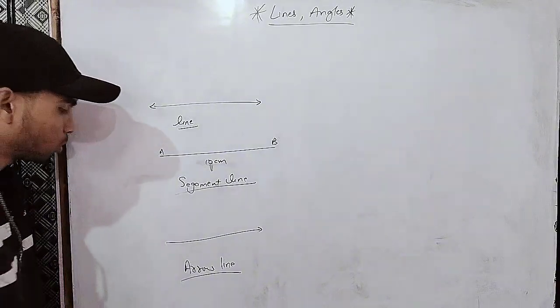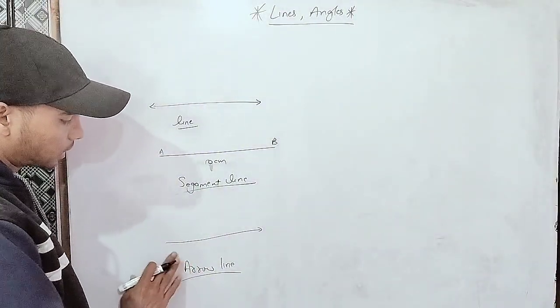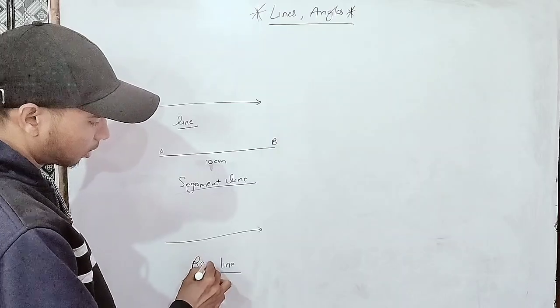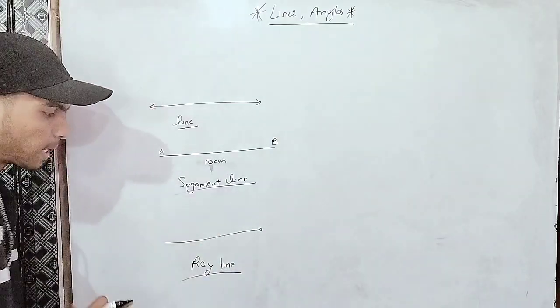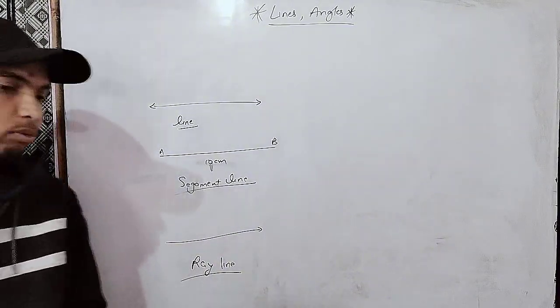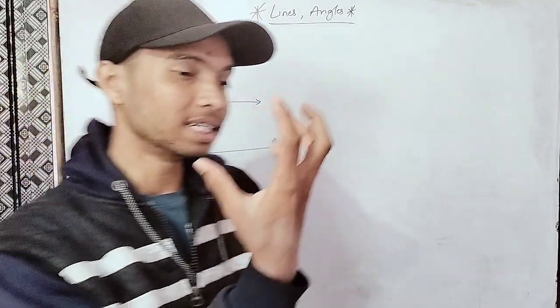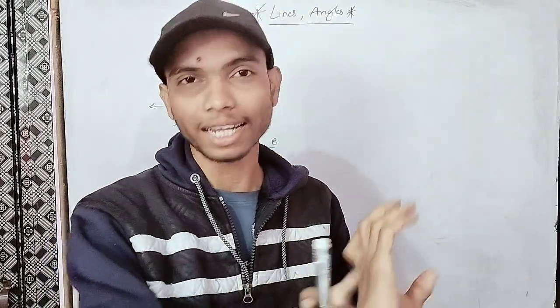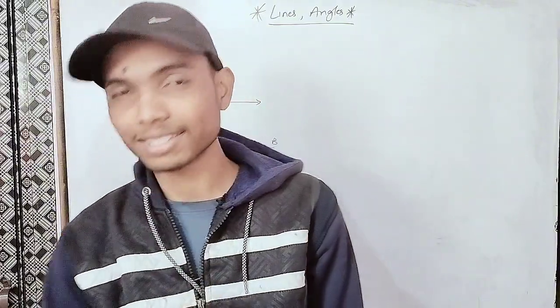Okay. So instead of arrow line, you can say this is ray line. It's working like a ray. That's why, because from the sun rays come. So from a starting point, rays are coming to the earth, then it reflects into another direction.